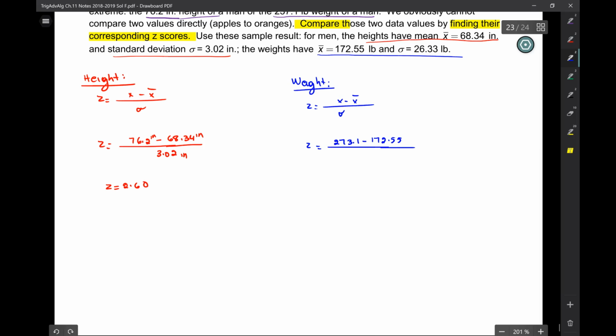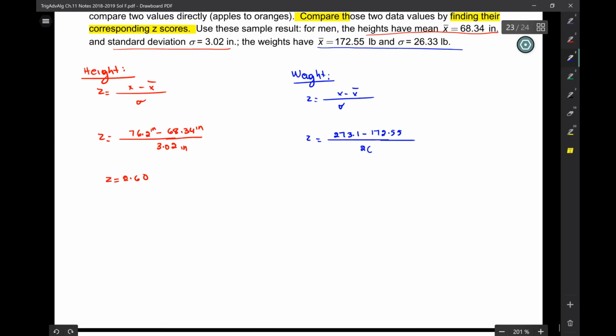So 3, and then another like 1.5. So he's like 7.5 inches taller than most people. He's pretty tall. So how about the z-score for the weight? 2.45. So is his weight more extreme or is his height more extreme? His height is more extreme.